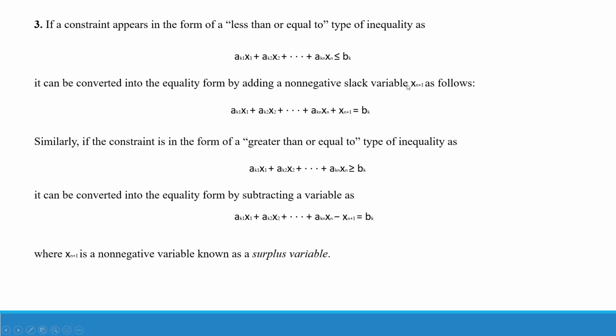We add this x n plus 1 value. Similarly, if we have an inequality of greater than or equal to, in this way we can say the same as the last example, but with a negative slack variable. And this x n plus 1 is a non-negative variable that is known as a surplus variable.